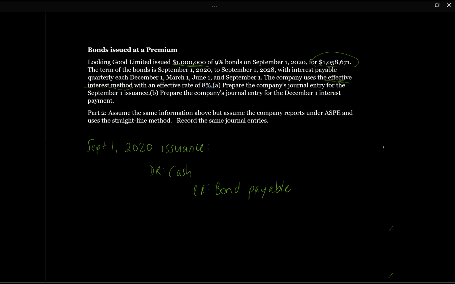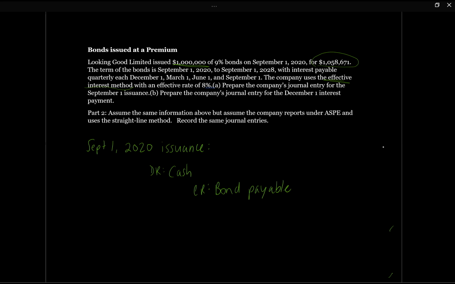And they're going to have a long-term liability on their statement of financial position, because at the maturity of these bonds on September 1st, 2028, they're going to have to pay back the bondholders the face value of the bonds, or the $1 million. We know that's going to be a long-term liability because it's not due within the next year or operating cycle of the business. So we know it's going to be long-term.